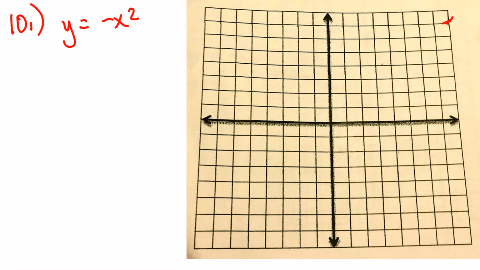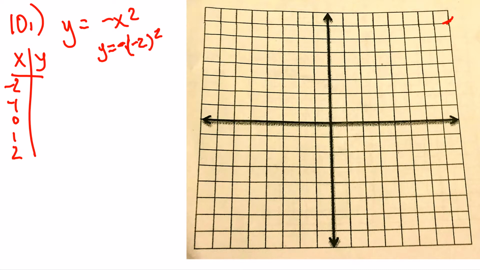So number 10, I have y equals negative x squared, so I just plug it in. XY chart, I pick negative 2, negative 1, 0, 1, and 2. Plug it in. So I have y equals the opposite, and then inside the parentheses I have negative 2 squared. So you do negative 2 squared is positive 4, the opposite of that is negative 4. Now remember, I don't have to do the work for 2, I just put negative 4 right down there for 2.